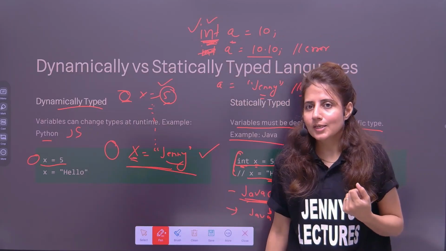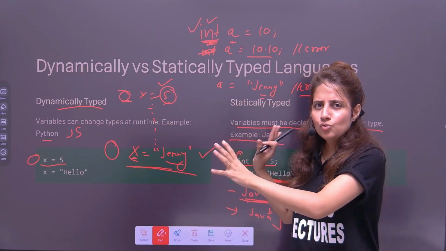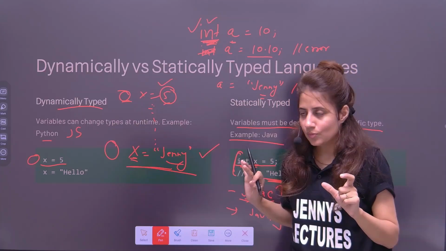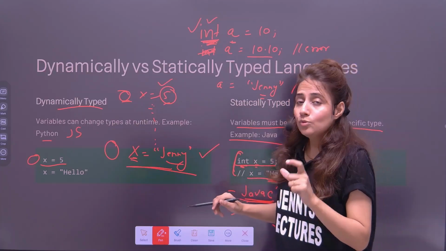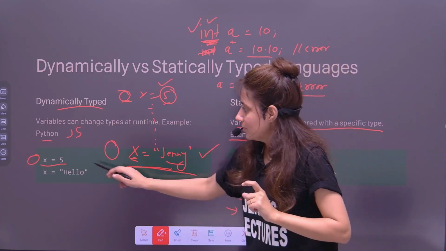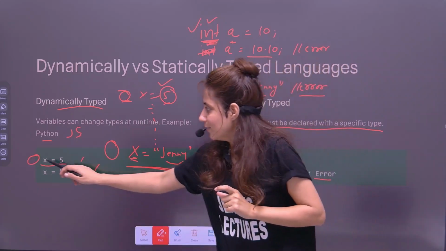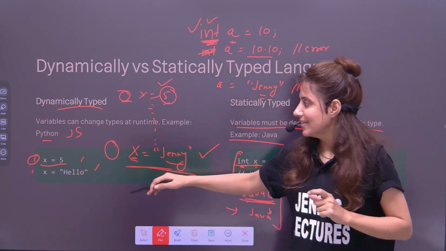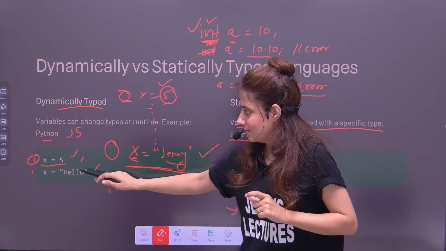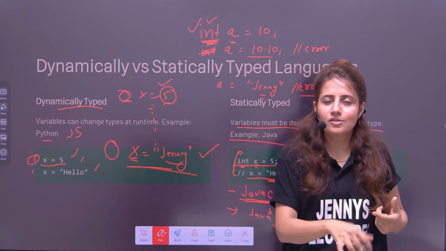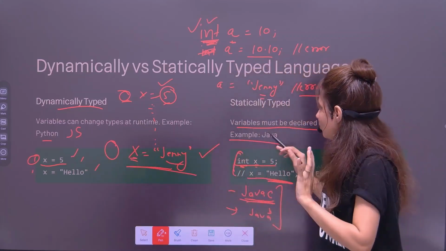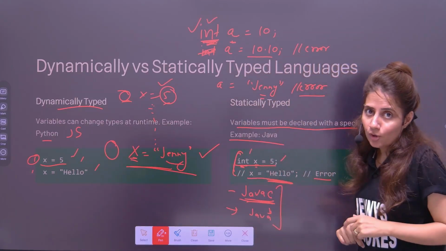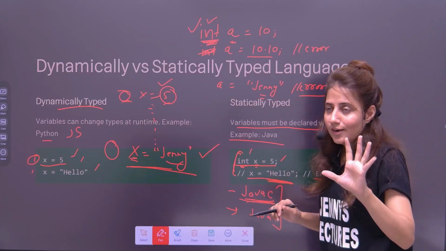I hope these two concepts are a little bit clear to you. Maybe you are thinking, yeah, this one is good. You don't have to worry about the type and all, just store an integer, then a float, then a string, and this is fine. But here you have to worry about the data type. Yeah, that is one advantage of this.